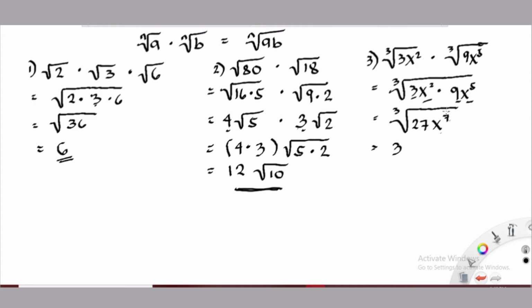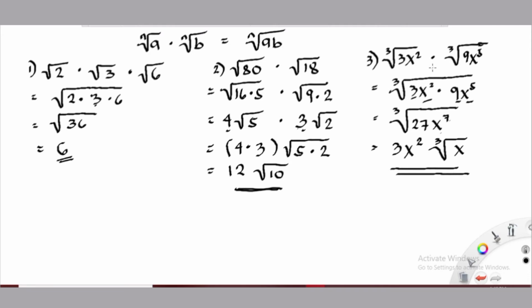So, let us divide 7 divided by 3. That will give us 2. It means to say may lalabas na dalawang x. That is x squared. And then, may remainder na isa. It means to say may maiiwan na isang x, sa loob ng radical sign. So, now, this is our final answer. 3x squared cube root of x.